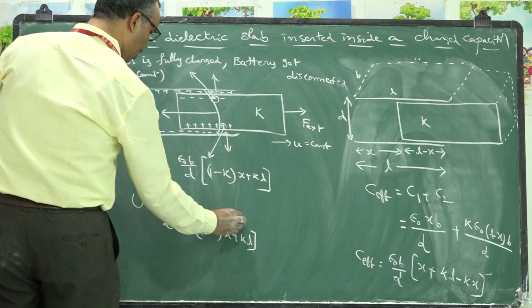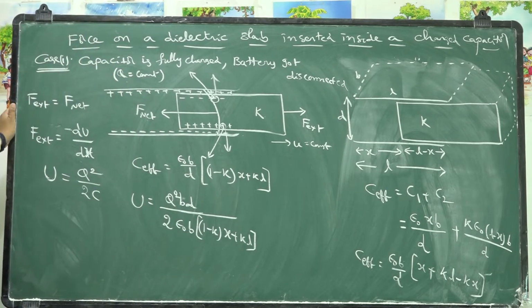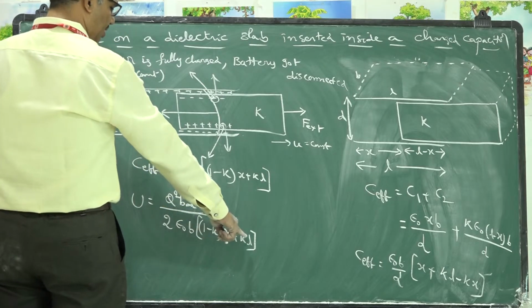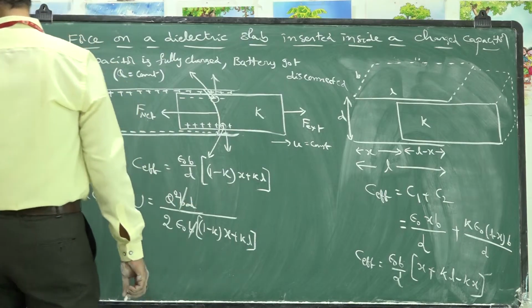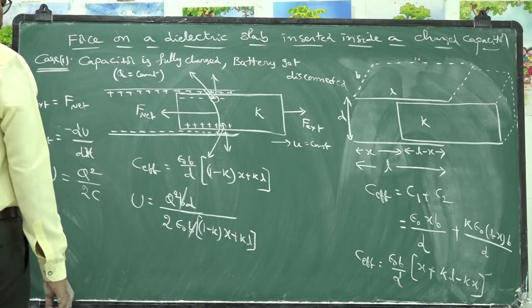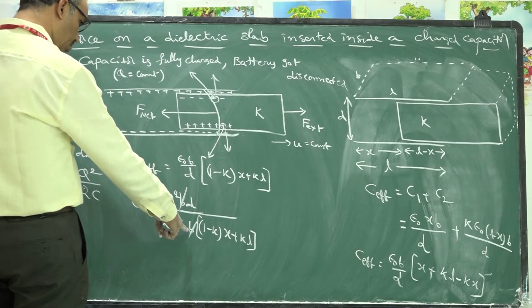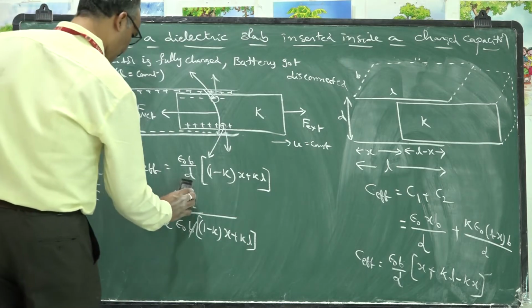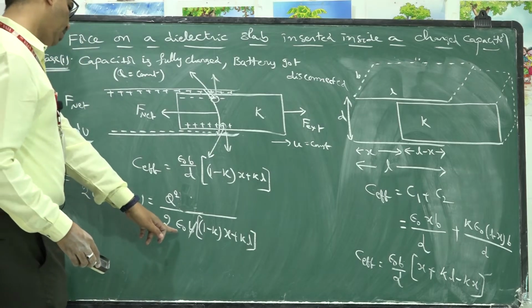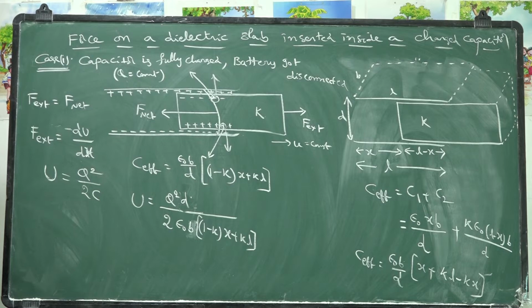The d will go into the numerator, so you will get Q square d in the numerator, with 2 epsilon naught b into 1 minus k into x plus KL in the denominator. This is the energy stored.